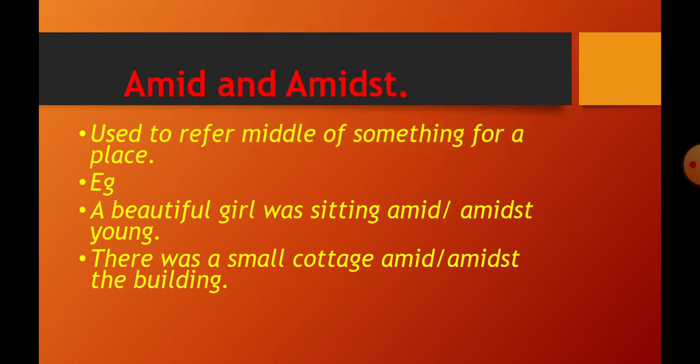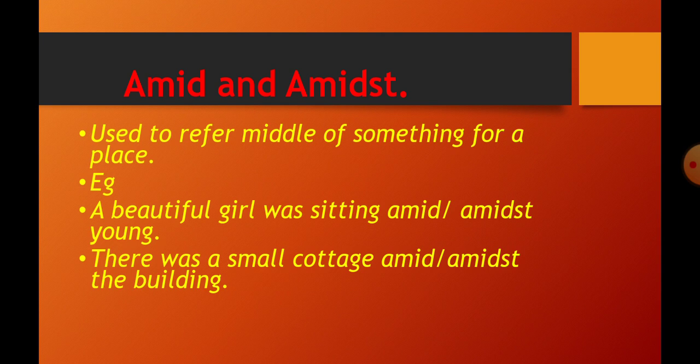Amid and amidst. Used to refer to the middle of something, for a place. A beautiful girl was sitting amid young, or a beautiful girl was sitting amidst young. That means in the middle of the young people, a beautiful girl was sitting. There was a small cottage amid or amidst the buildings.